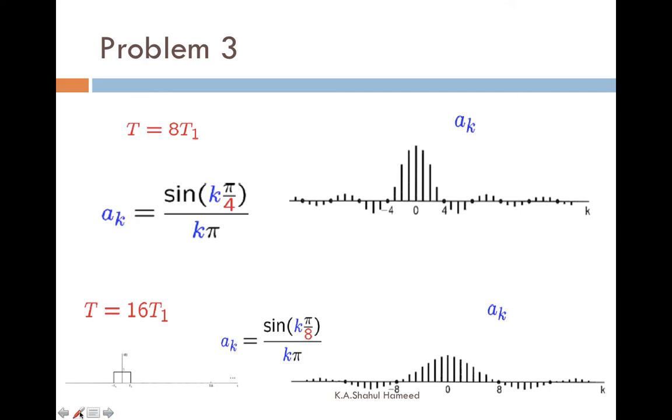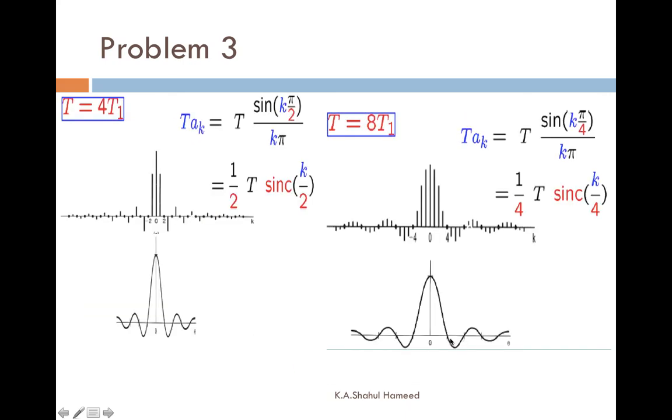If you further increase the value of capital T, you'll get a waveform like this. The number of coefficients will increase further, and the concentration will increase. Finally, the waveform looks like a sine waveform.